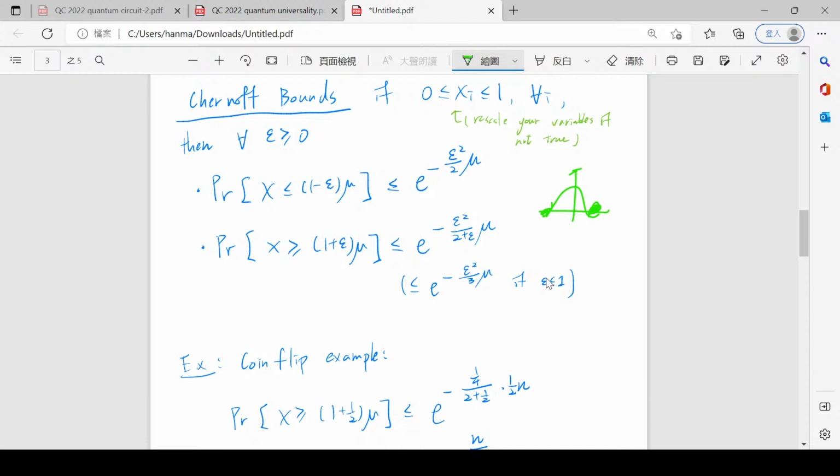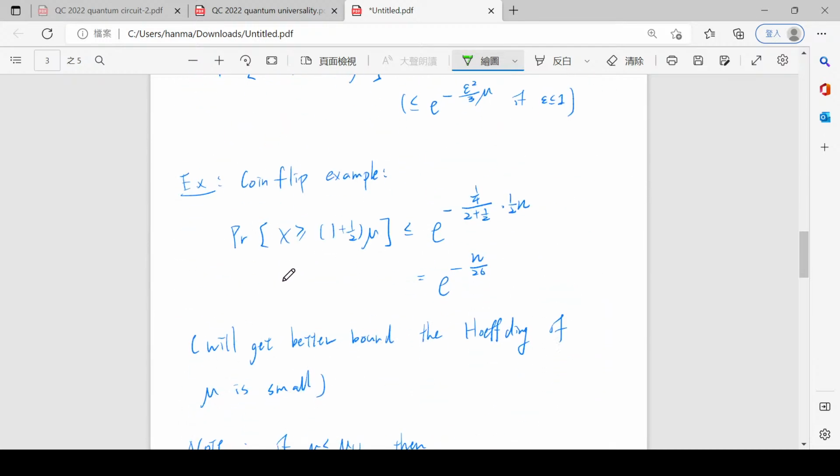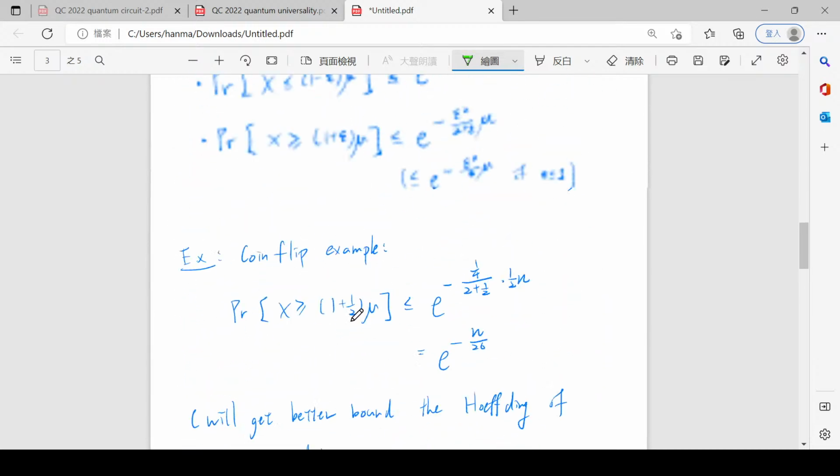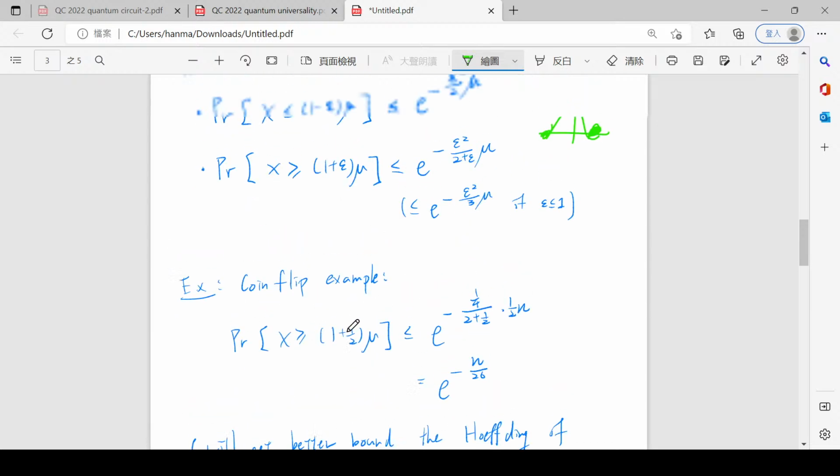So this is the famous Chernoff bound, and you can use it to bound a lot of probabilities, mostly when you amplify things, like the example of amplifying the success probability of your algorithm. We can also run this through the coin flip example.